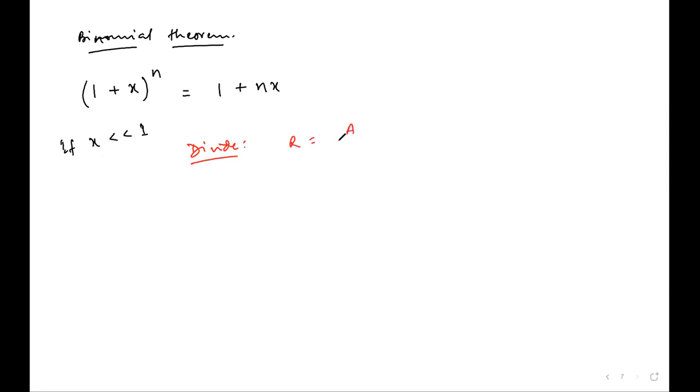Now, according to this rule, if we have to divide, r is equal to a divided by b. Now put the values of each term, so it will be r plus minus delta r is equal to a plus minus delta a divided by b plus minus delta b. In this first part, we have to take out common r.